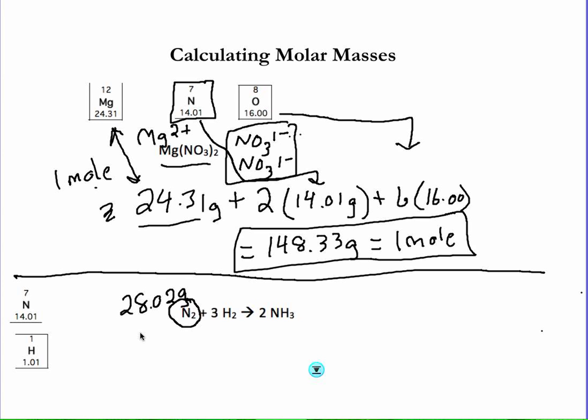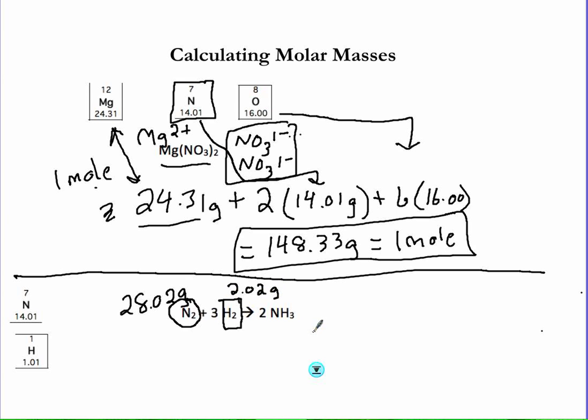Because hydrogen has a mass of 1.01, we're going to deal with only the way it is written as a substance. We're not going to be dealing with the coefficient, right? So this is 2 hydrogens, so it's 2.02, and that's the molar mass of H2.